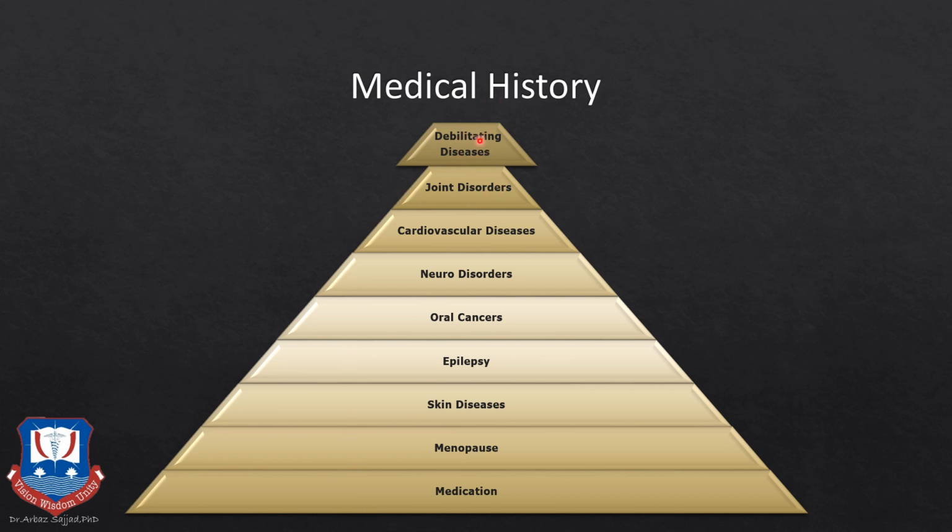These may include debilitating diseases like diabetes, joint disorders such as rheumatoid arthritis or osteoarthritis, cardiovascular diseases like MIs, anginas, and any cardiovascular procedures such as bypass surgery that have been done in the past, neurological disorders such as Parkinson's, Bell's palsy, or if patient has any oral cancers or may be showing signs and symptoms of any oral malignancies, whether patient has a history of epilepsy and is on anti-epileptic medication, whether there are any skin diseases that have oral manifestation and may affect the success of the complete denture treatment.